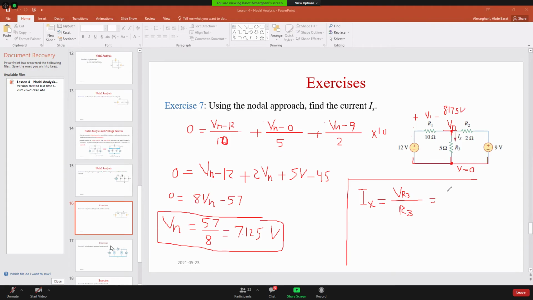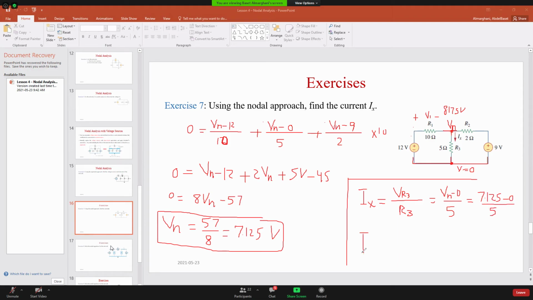So VR3 is Vn minus 0 divided by 5, which is basically this current. So it is 7.125 minus 0 divided by 5.